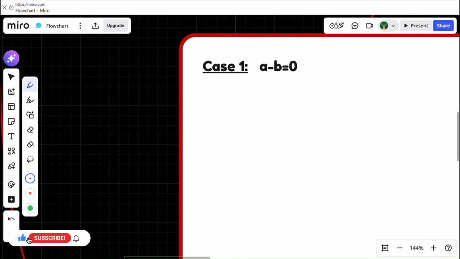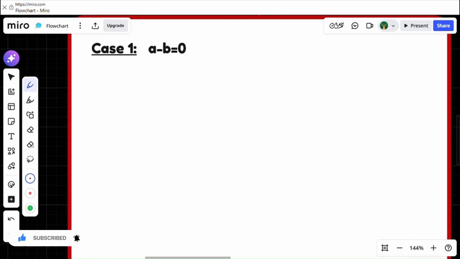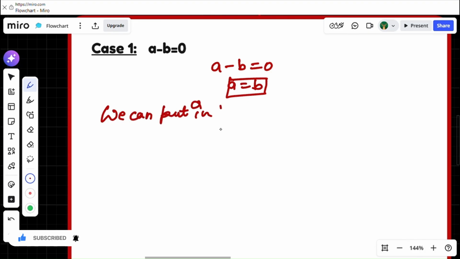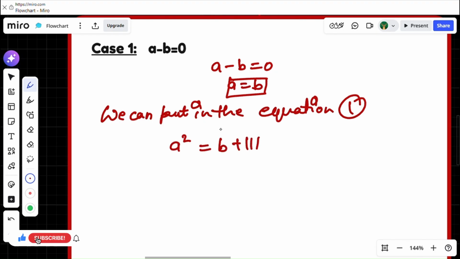So the first case is a minus b is equal to 0, which also says that a is equal to b. Now we apply this to the first equation. So the equation will be a square is equal to b plus 111.